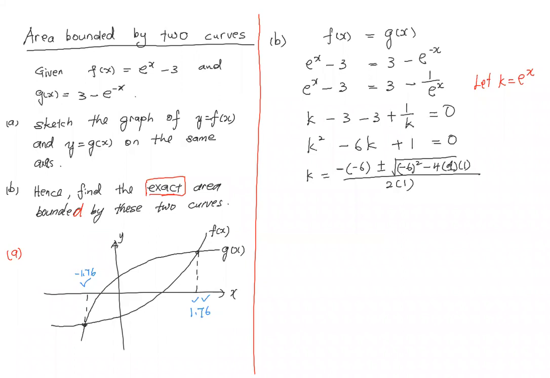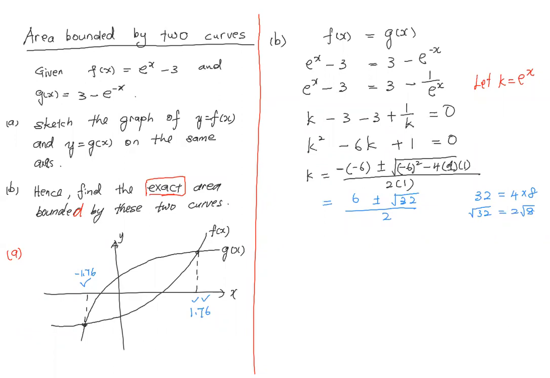So now this will be 6 plus or minus square root of, you can use your calculator to count, 32, over 2. When I say 32, 32 is 4 times 8. So square root of 32 is equal to 2 root 8.